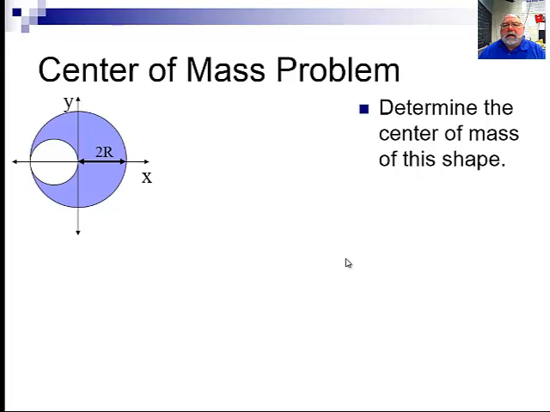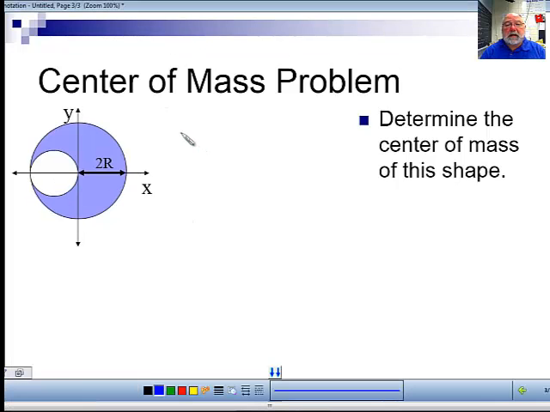Well, what's proportional to the mass? I think either the volume is proportional to mass, or in this case, since we're looking at a two-dimensional object and we're going to assume that it has a uniform thickness, we can use the surface area to be proportional to our mass, and that'll help us out.